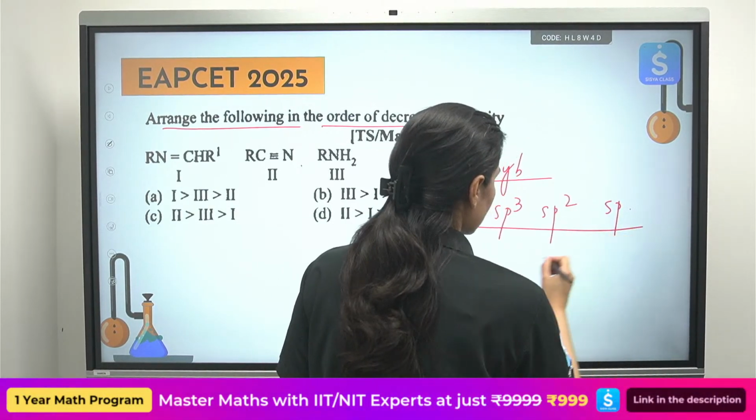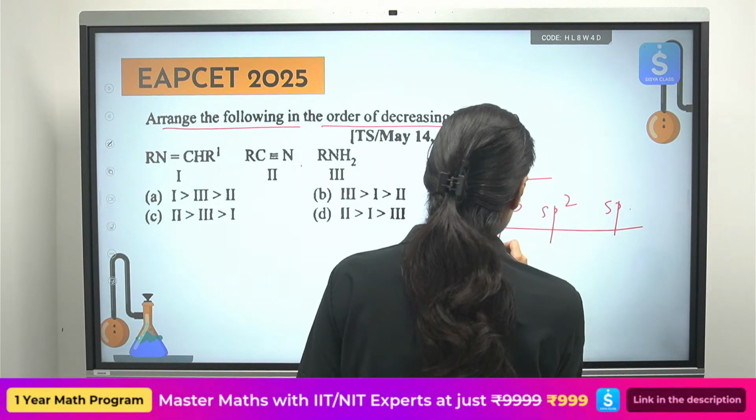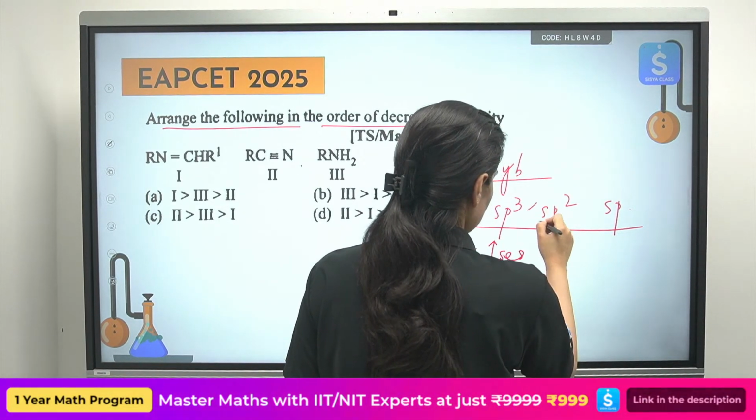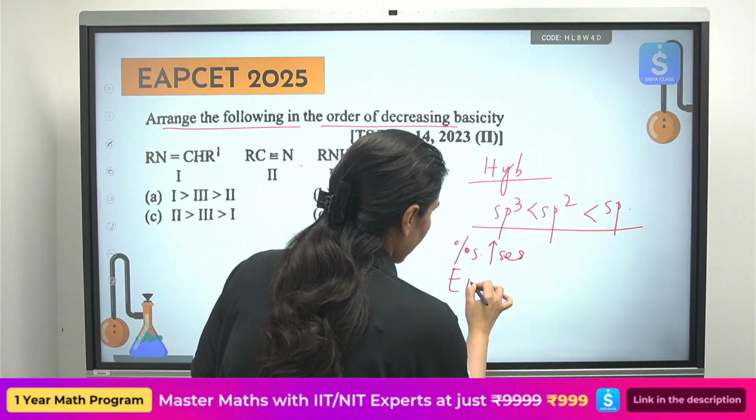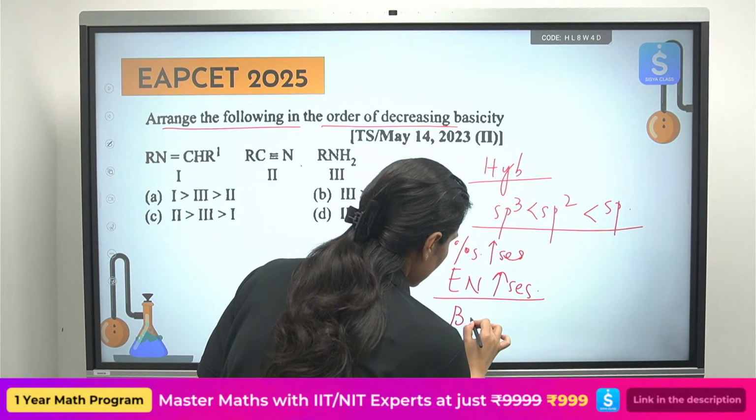As the percentage S character increases, electronegativity increases and basicity decreases.